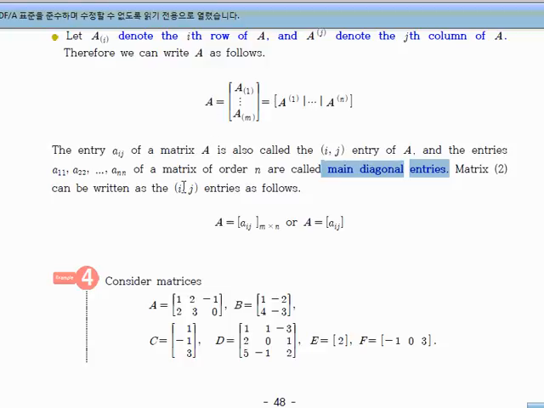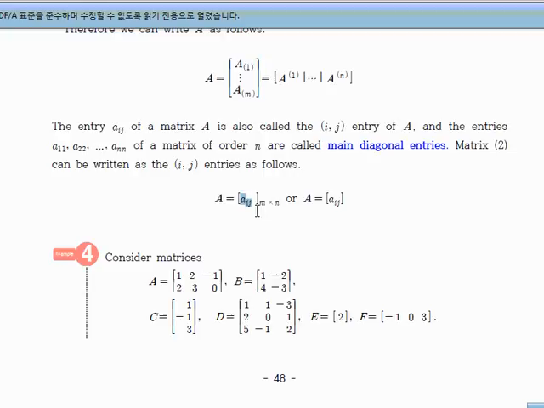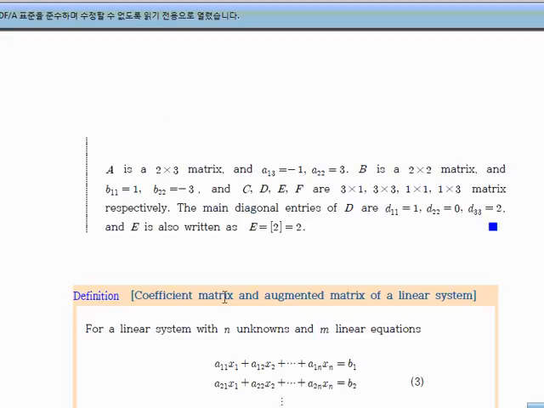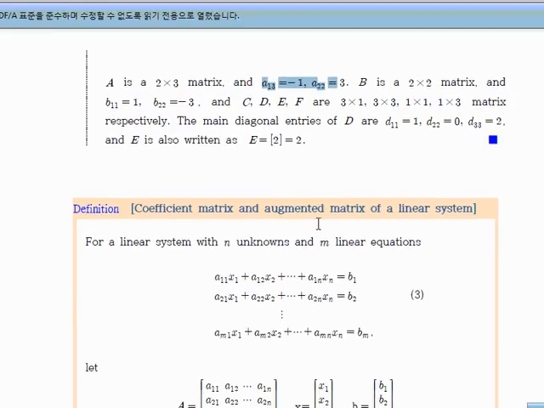The matrix A can be written with its ij entries as follows. So this A is an m by n matrix whose ij entry can be written in this way. Here, for these matrices A, B, C, D, E, F, we can tell the size of each matrix and what its entries are.